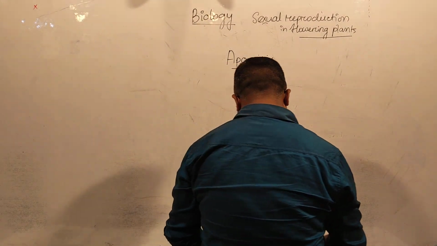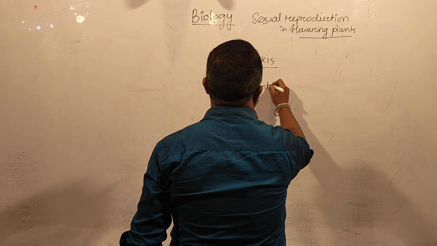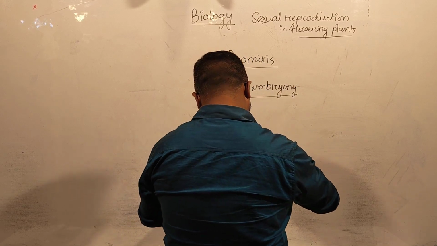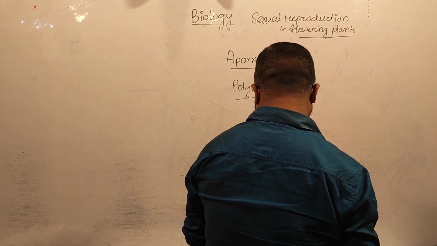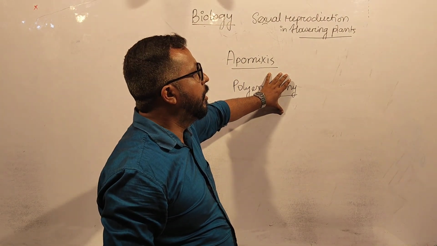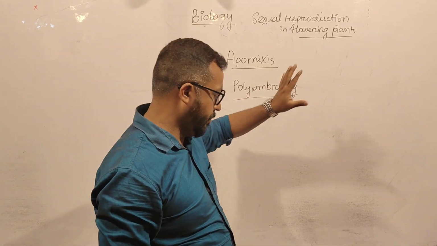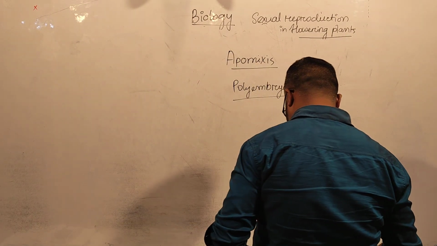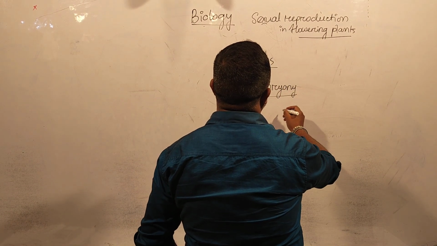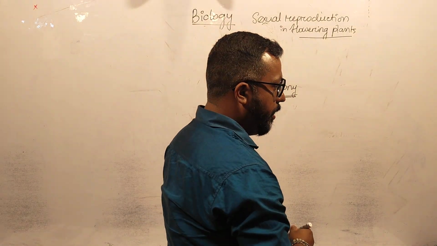And polyembryony means when within a single seed there are multiple embryos present. So that is apomixis and polyembryony.